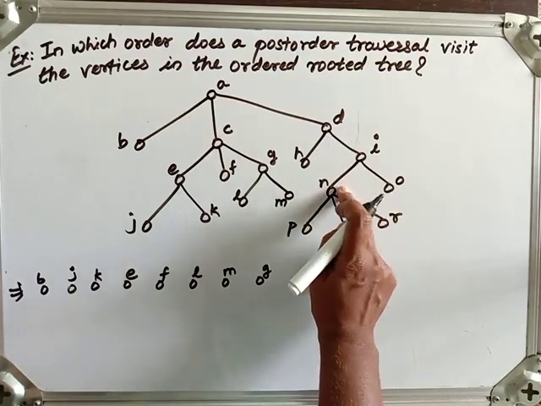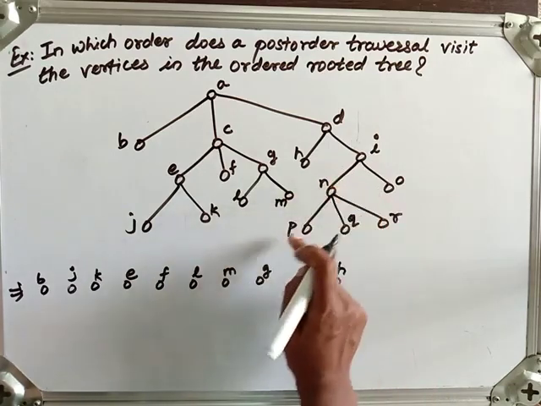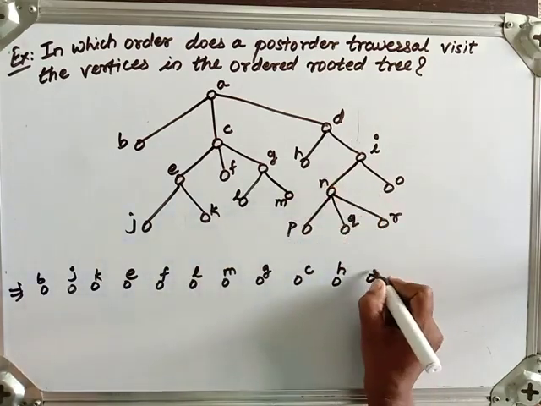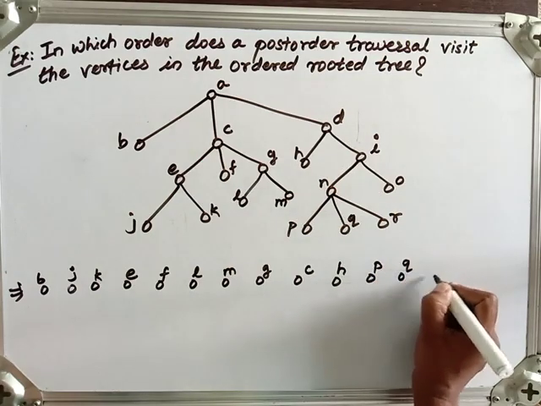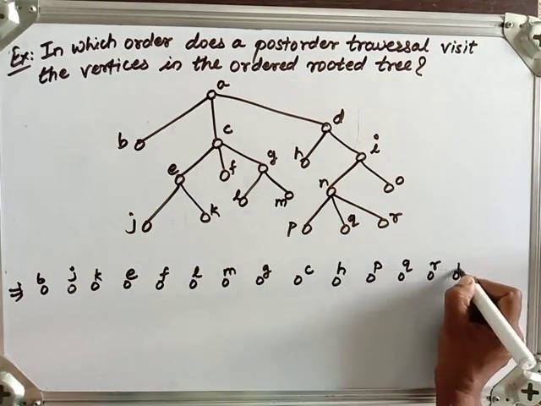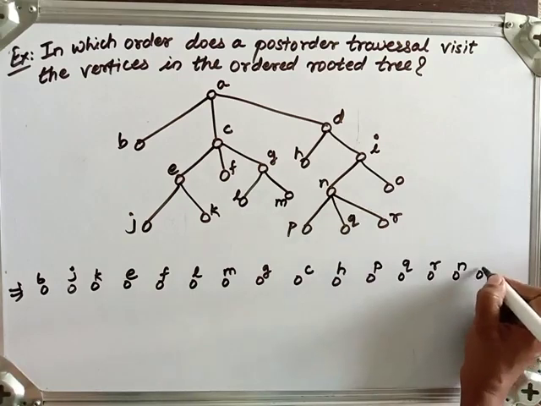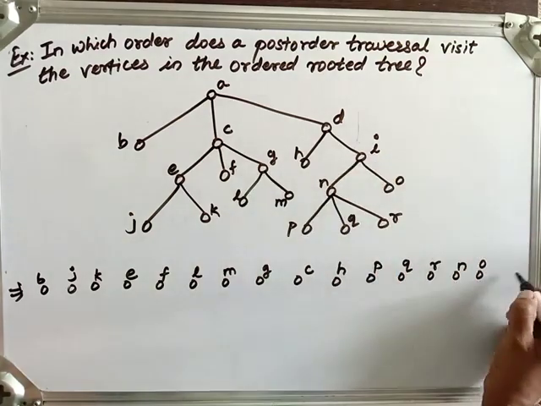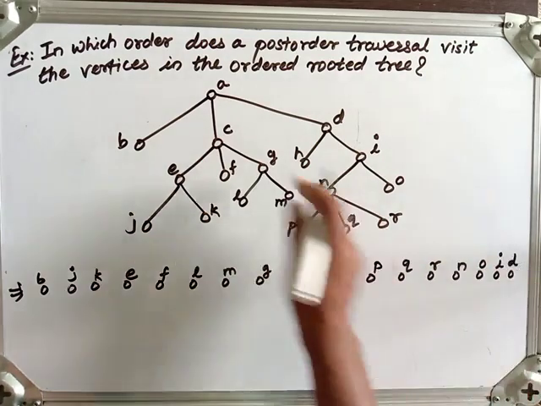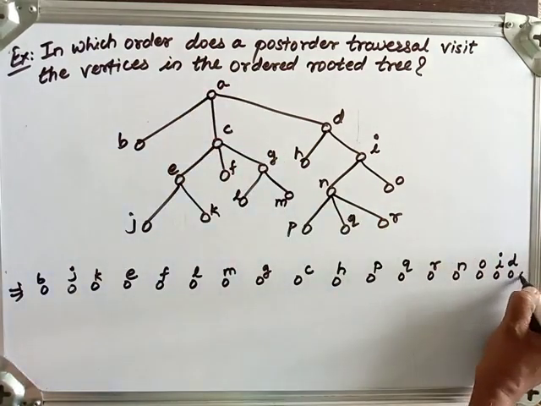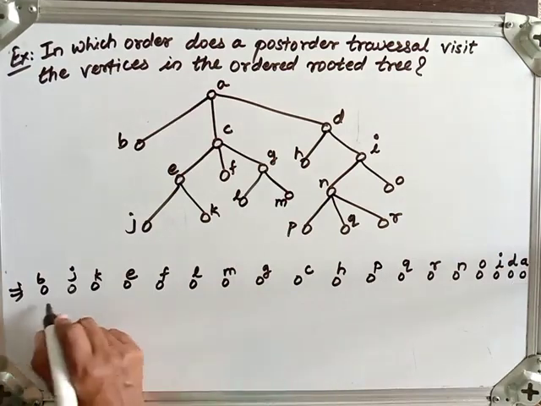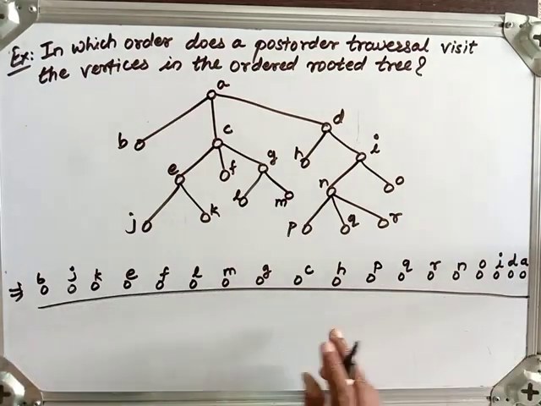I will go to this subtree with N as a parent. So I will get P, Q, R, then N, then O, right? Then I, here D, and at last I will go to A. This is my final answer of this question.